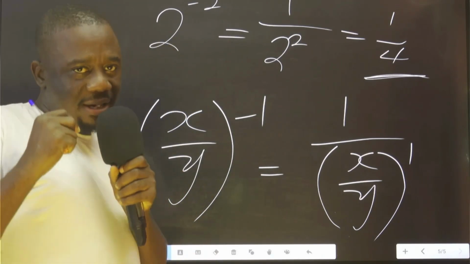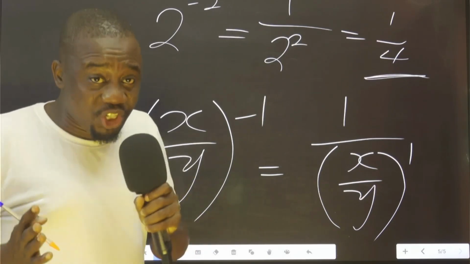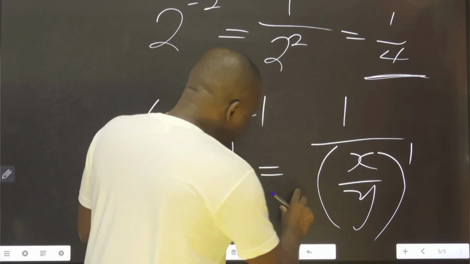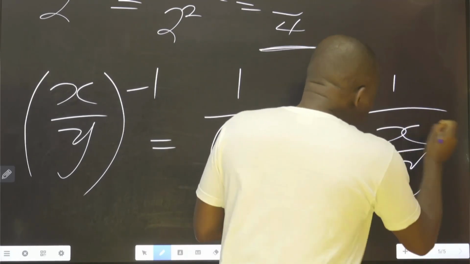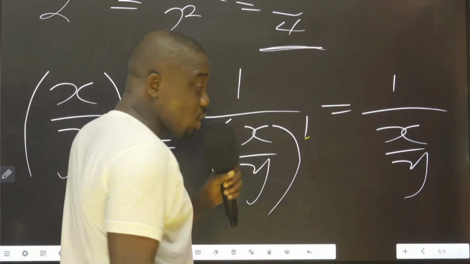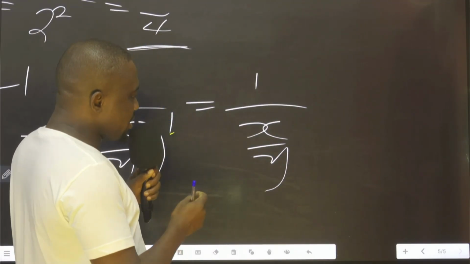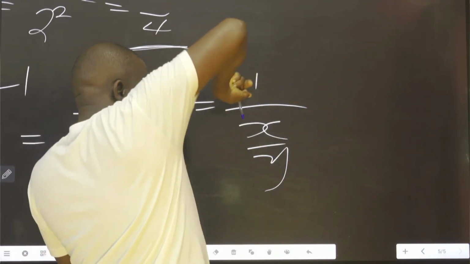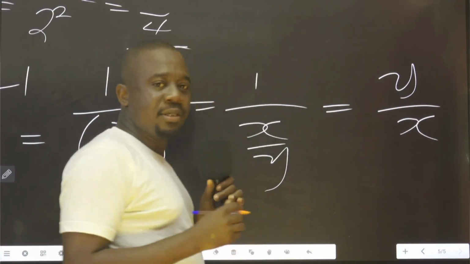But remember, anything raised to the power 1 is that thing, so it will not change. Therefore, I can express this as 1 over x over y. Then I will come further to this place. As you can see here, I have to turn this to have y over x.